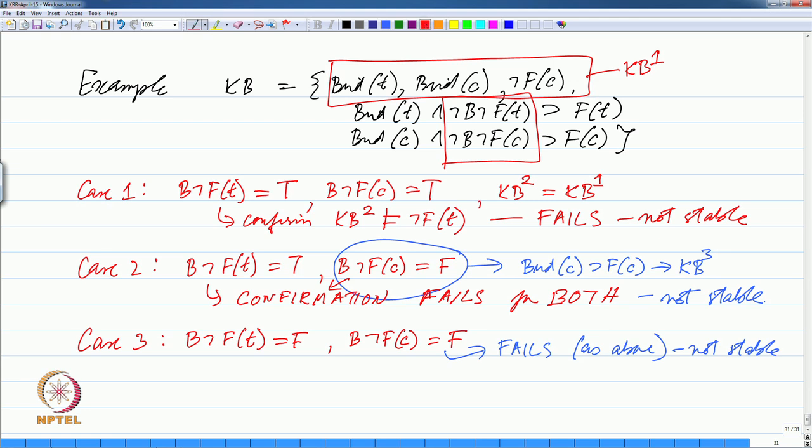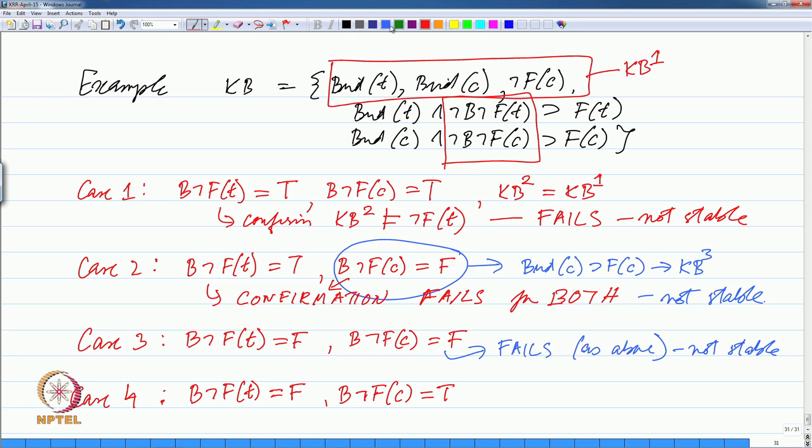So, finally, case 4: believes not flies Pt is equal to false and believes not flies chili is equal to true.